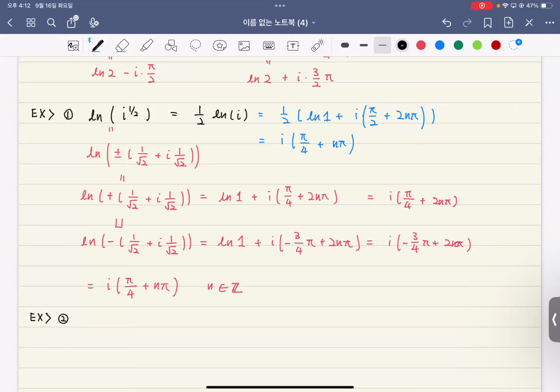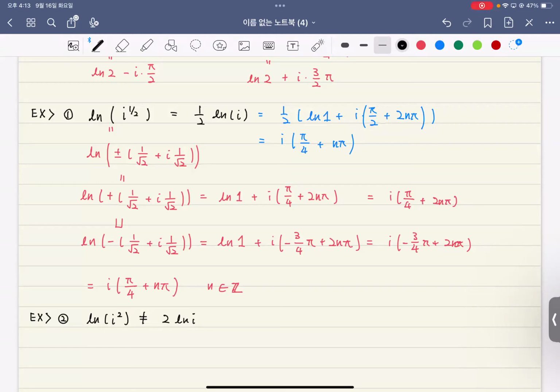I want you to verify this non-equality. As I said, these two are different. Can you see why? On the left-hand side, this is nothing but the computation of natural log of -1.